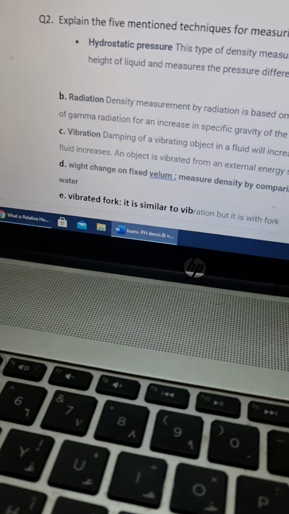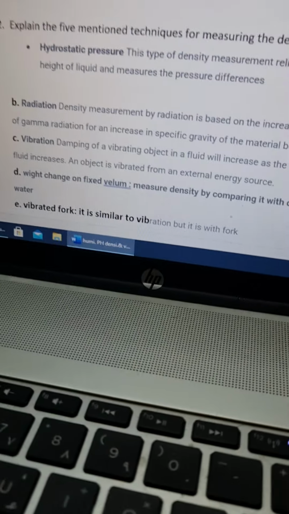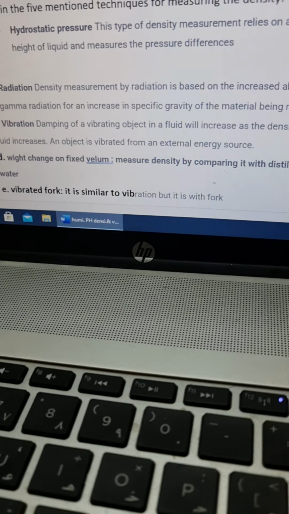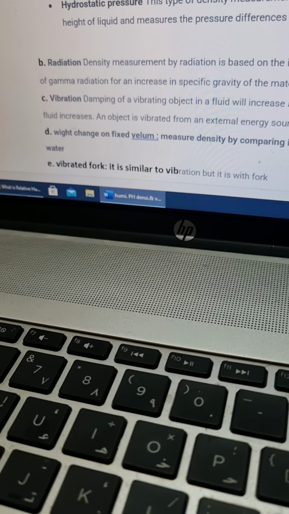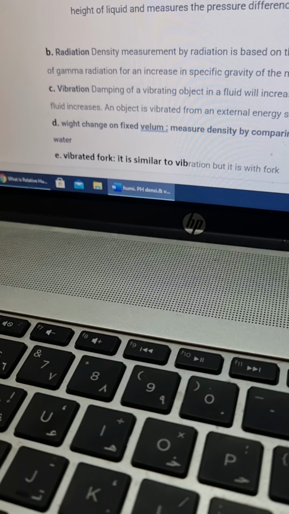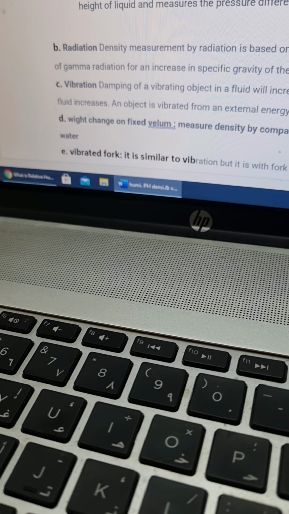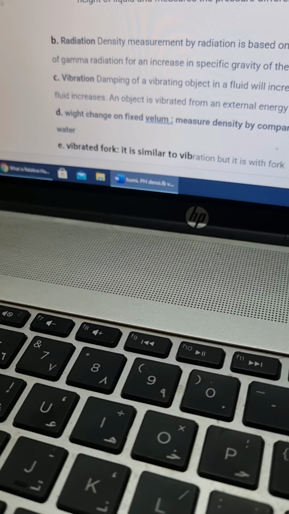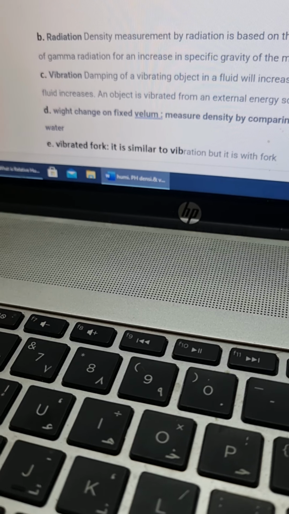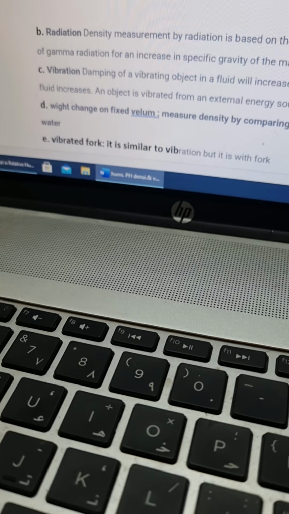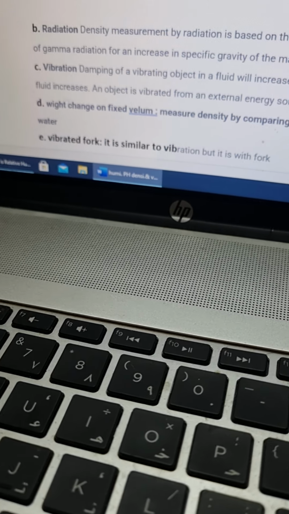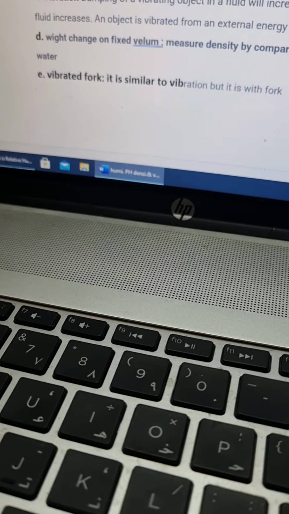Explain the 5 techniques for measuring density. You have hydrostatic pressure. This type of density measuring relies on the height of the liquid and measures the differential pressure. Then we have radiation.